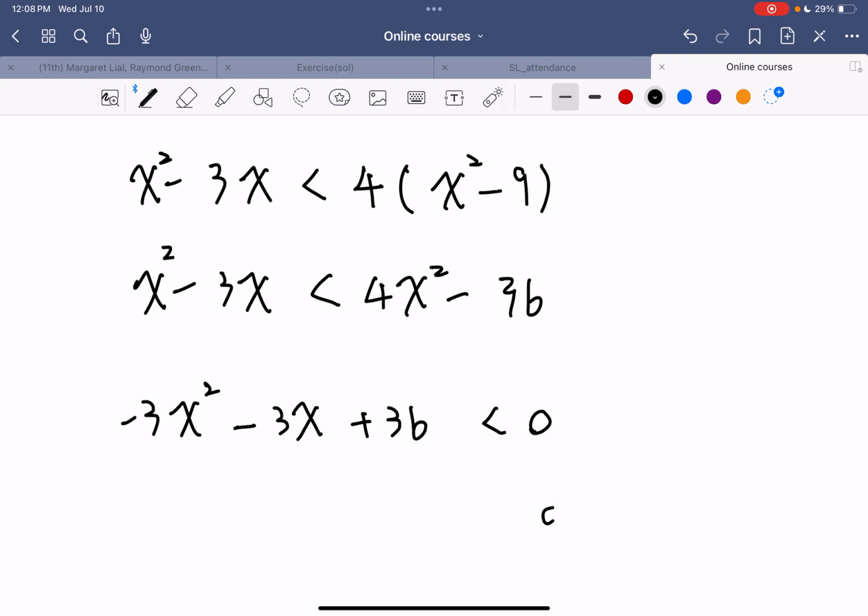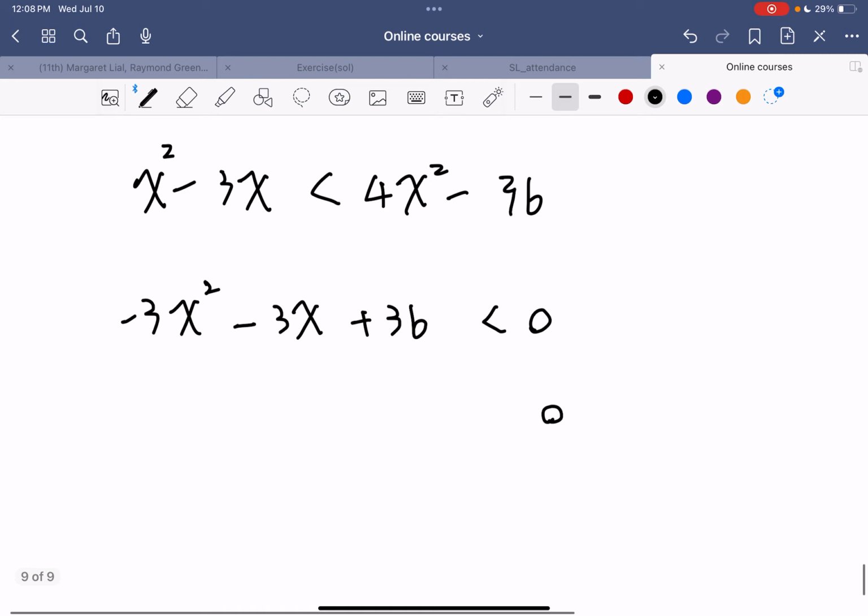Right hand side 0 divided by -3 is still 0, but we have to change our sign here, so we change our sign first, and then for each part we divide with -3.